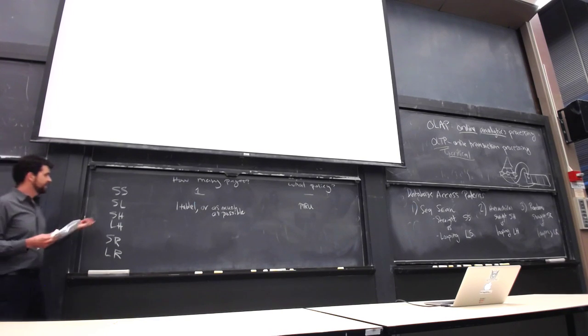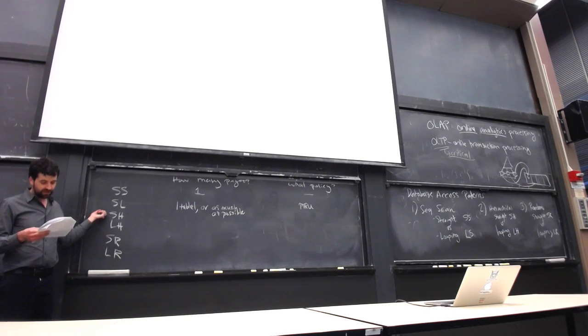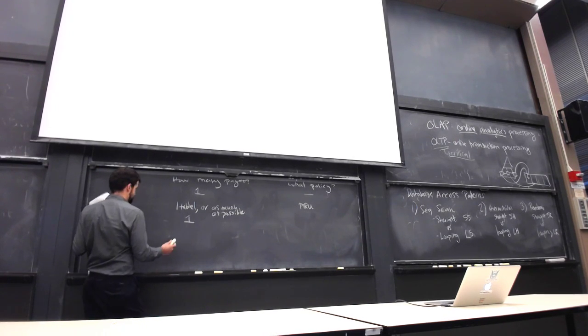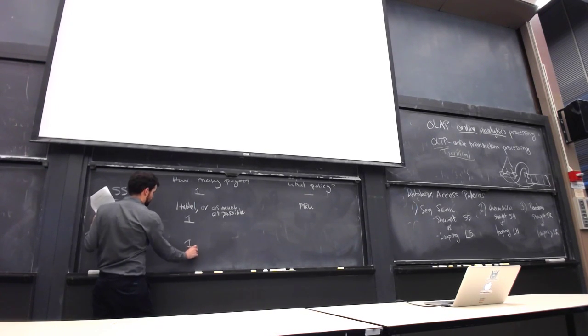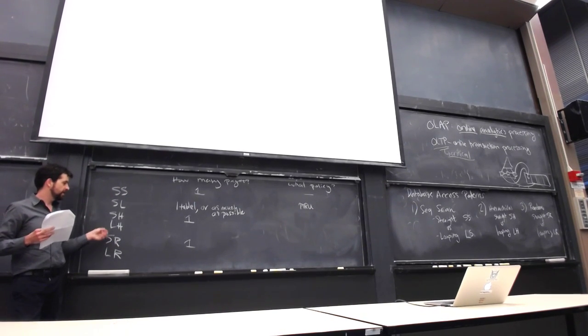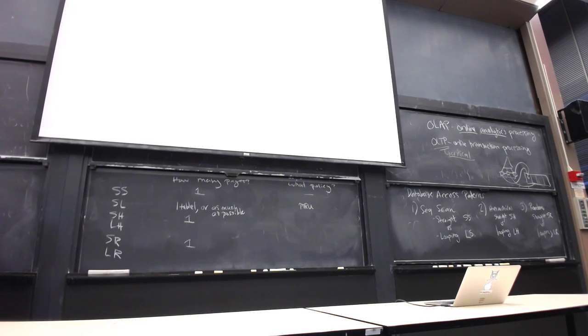Okay, so we can kind of go through this. These straight algorithms, because you're just accessing one page at a time, it never really makes sense with straight anything to cache more than one page. But now let's consider the case of looping hierarchical. So what should we do in the looping hierarchical case?